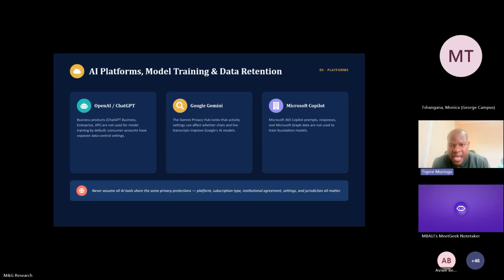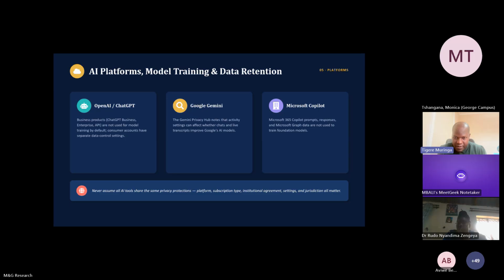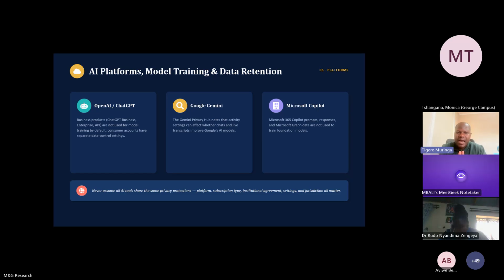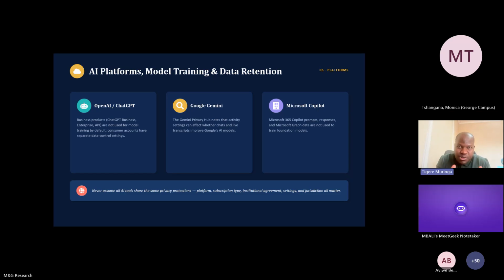And Microsoft states that Microsoft 365 Copilot prompts, responses, and data accessed through Microsoft Graph are not used to train foundation models, right? So the point here is that you should never assume all AI tools share the same privacy protections.